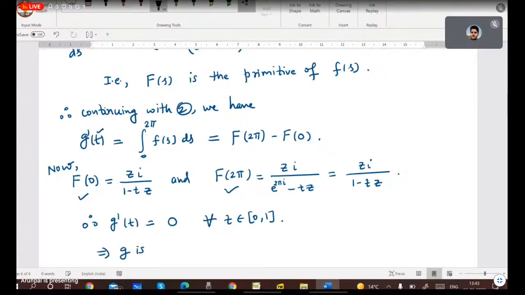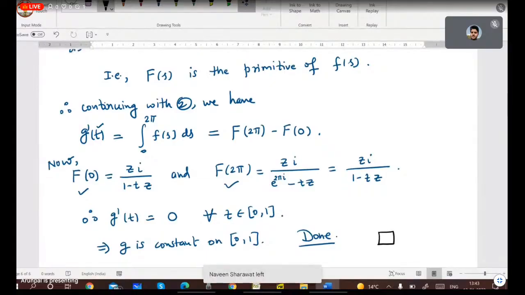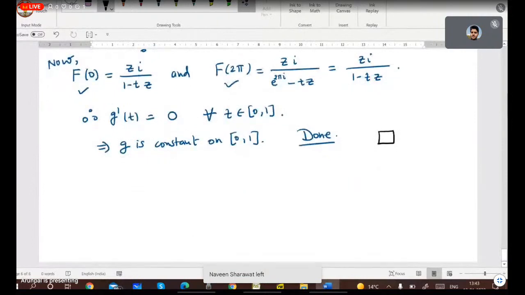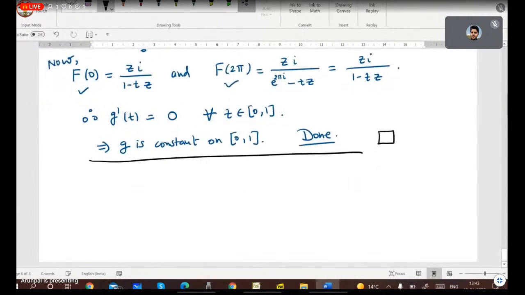This implies that g is constant on the closed interval 0, 1. And we are done. The rest you know now. Is this okay, class? I hope you liked it. Good enough.